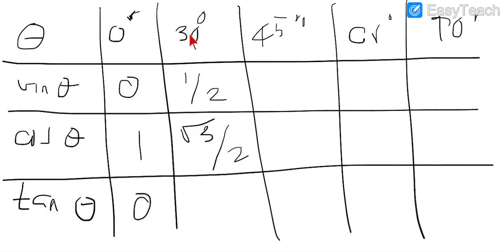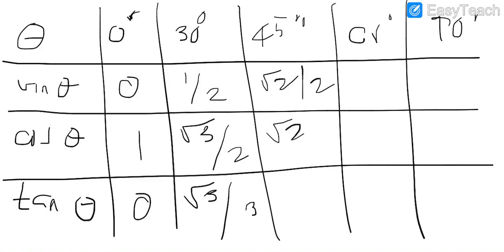Next, tangent of 30 degrees, that is square root of 3 over 3. Now let's go to 45 degrees. Sine of 45 degrees, that's square root of 2 over 2. Cosine of 45 degrees, the same answer, square root of 2 over 2. Tangent of 45 degrees, that is 1. Now let's go to 60 degrees.